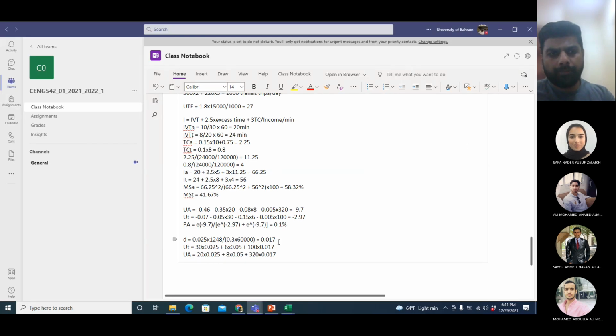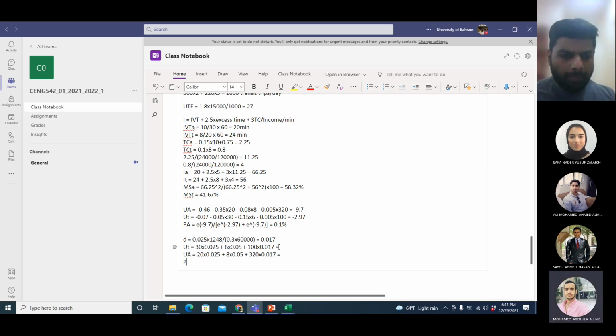How much is the utility here? 2.78. 2.53.